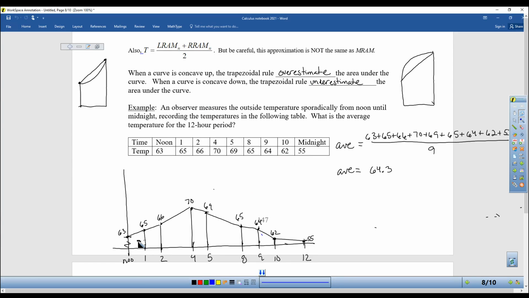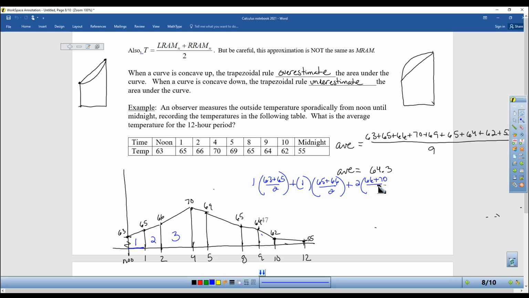So trapezoid 1 is going to be a height of 1, times 63 plus 65 divided by 2, plus trapezoid 2 also has a height of 1, is going to be 65 plus 66 divided by 2, plus trapezoid 3. Ooh, this one has, you see this? 2.